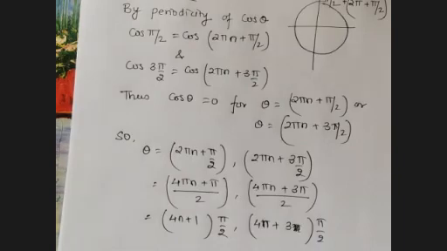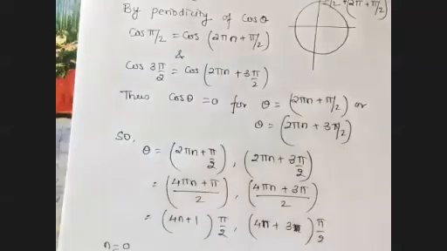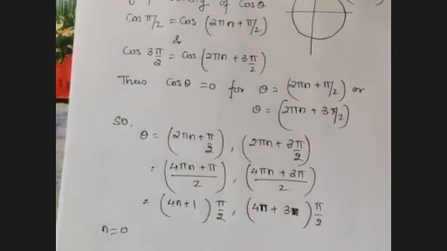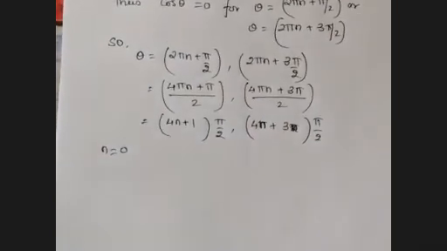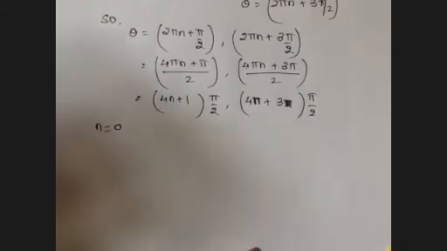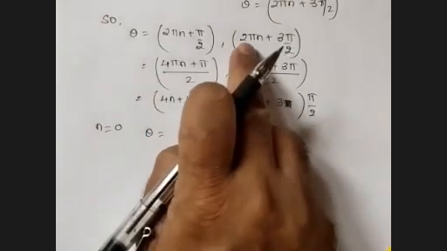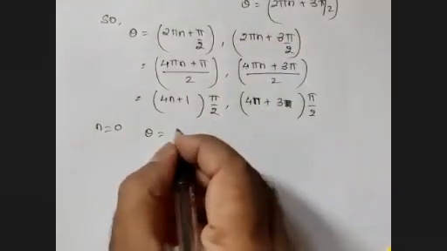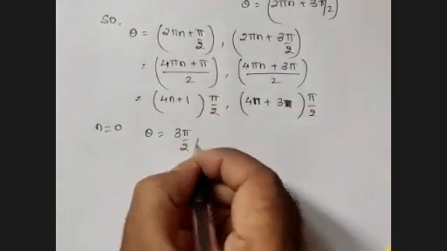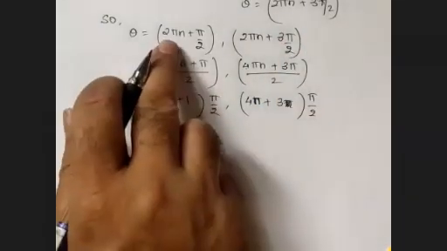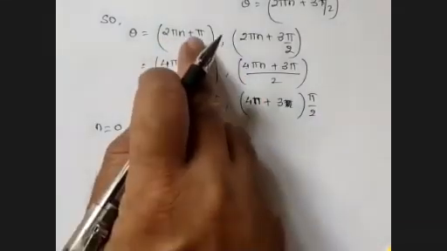So for the value of theta, if n is equal to 0, 0 into anything is 0. So it becomes 3 pi by 2, and here it will become pi by 2.